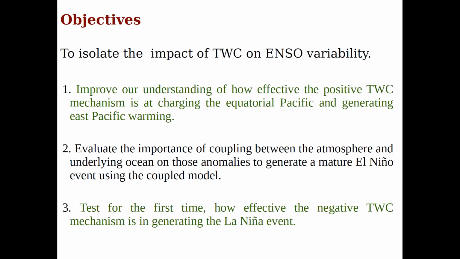TWC is trade wind charging. We want to improve our understanding of how the positive trade wind charging mechanism is effective at charging the equatorial Pacific and generating East Pacific warming, how the coupling plays a role when this specific warming is present, and how it evolves into an El Nino condition. And for the first time, we will try to see how effective the negative TWC is at generating a cooling event in the equatorial Pacific.